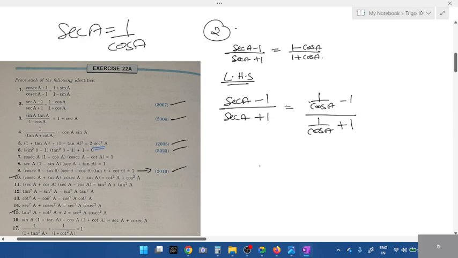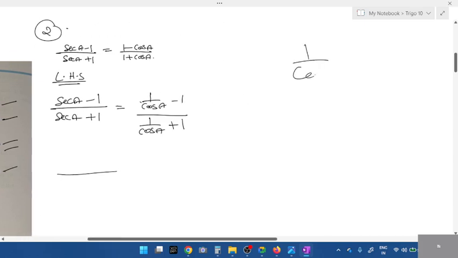What's the LCM, Malavika? For 1, there is no denominator, right? You take 1. You know how to take LCM, right? Cos is given, so cos goes 1 time, so only 1. And on this side, how many times?